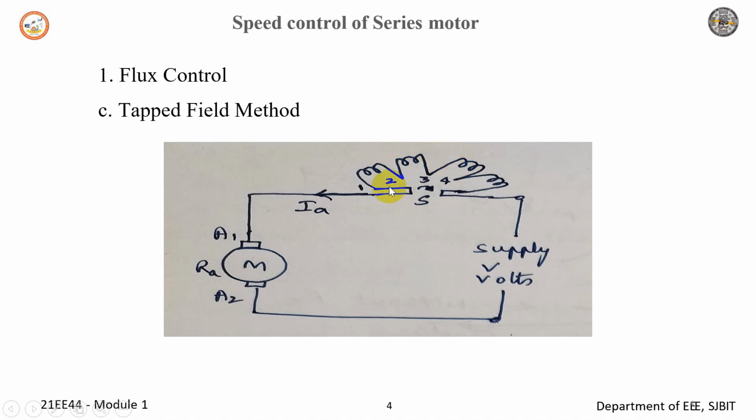If it is in position 1, the entire field is in the circuit and the motor runs at normal speed. As the switch is moved from position 1 to 2 and onwards, the number of turns of the field winding in the circuit decreases. Due to this, the flux produced also decreases, thereby increasing the speed of the motor above the rated value, and this method is often used in electric traction.